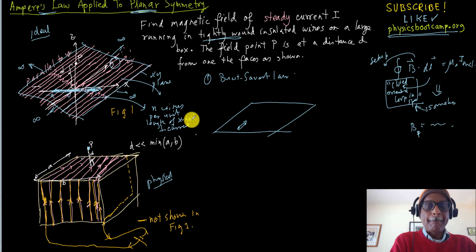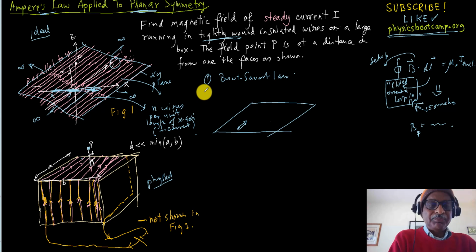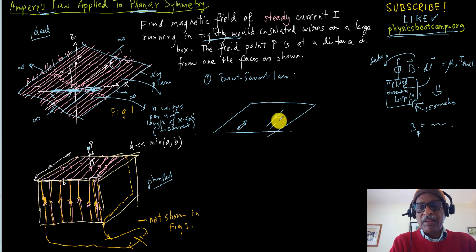The current is going along y, so this is perpendicular to the current axis. If you look at one unit of the x-axis, how much current is passing through a single unit?